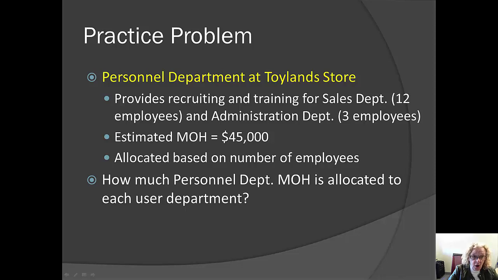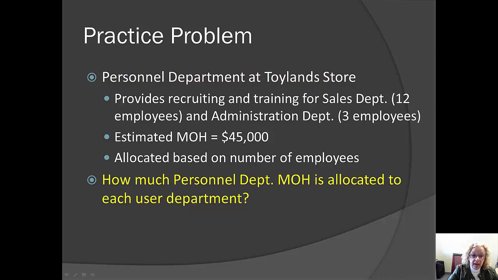Altogether, the estimated overhead from personnel is $45,000, and this is going to be allocated to each of the user departments, sales and administration, based on the number of employees. So my question to you is, how much personnel department overhead is allocated to each user department?